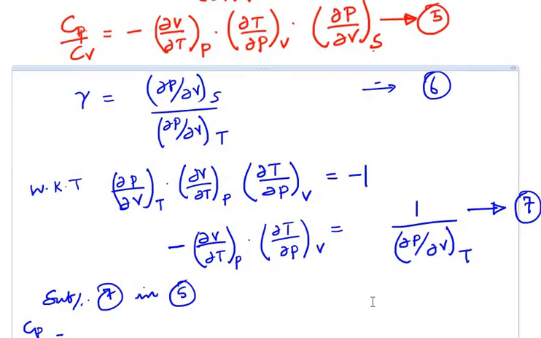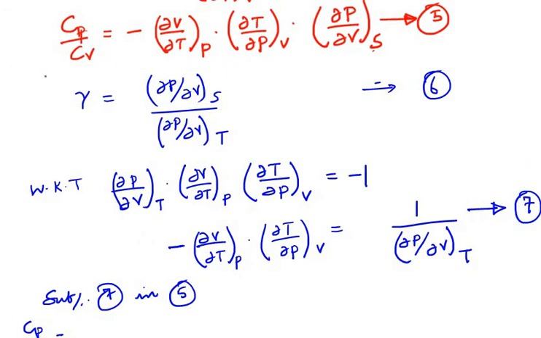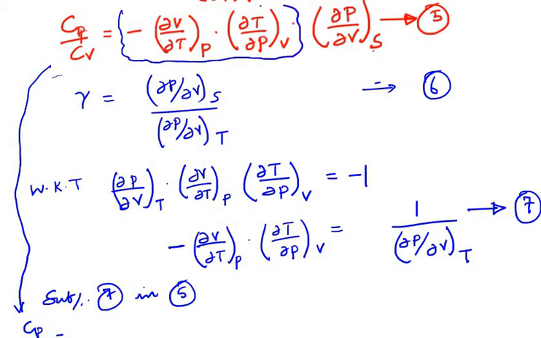Instead of these terms, I can write 1 by dou P by dou V at constant temperature.